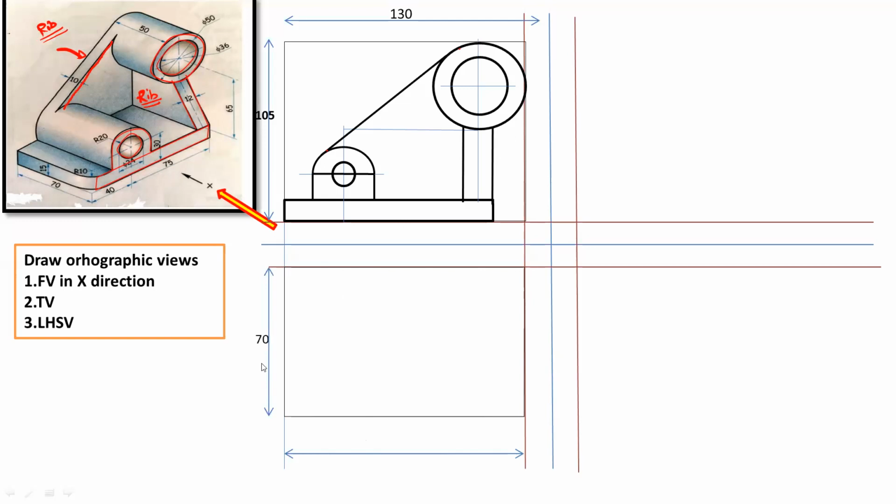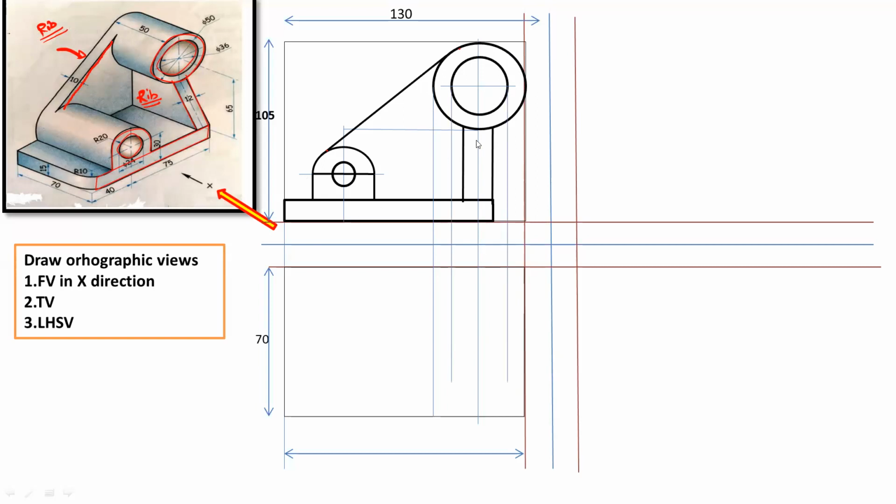Now to draw the top view, you can take the reference from the front view. For the reference, you can draw the projector lines. So you can project this center line. Now, if you observe from the top direction, for this cylinder, you will just observe a rectangle from the top view. Therefore, project these 2 points of this circle. On this line, you will draw a straight line, and that will represent the side of the rectangle, which is visible in the top view.